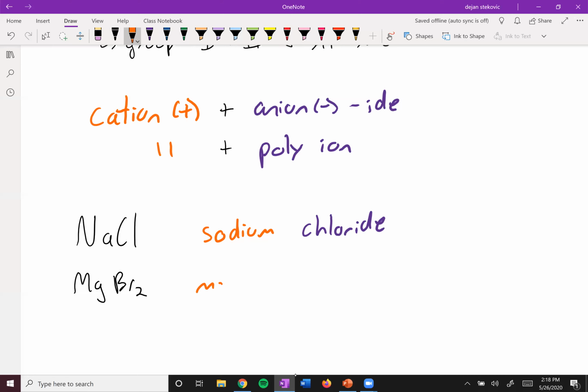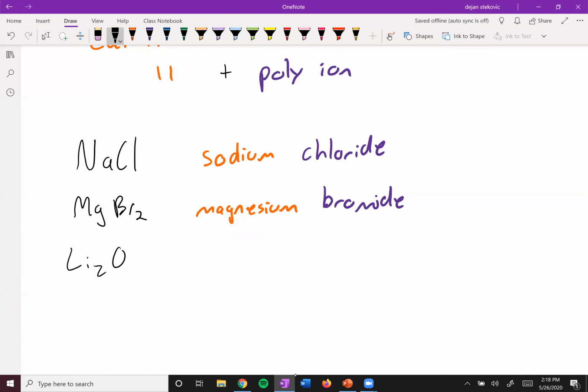So the name of this would just be magnesium bromide. There's no indication of how many of each element there are. We assume that you're knowledgeable in chemistry, and so you know magnesium is always +2, bromine is -1. Thus, when we say magnesium bromide, we assume that you know it's MgBr2.